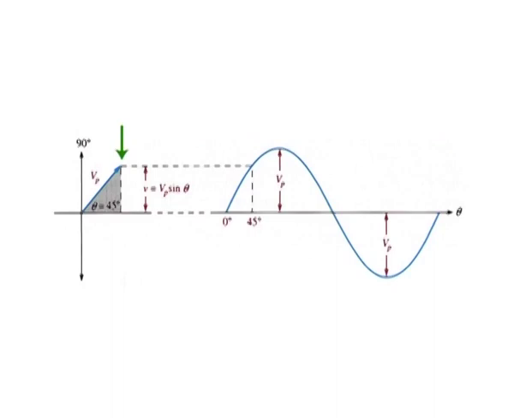Notice that when a vertical line is drawn from the phasor tip down to the horizontal axis, a right triangle is formed. The length of the phasor is the hypotenuse of the triangle and the vertical projection is the opposite side. From trigonometry, the opposite side of a right triangle is equal to the hypotenuse times the sine of the angle theta. The length of the phasor is the peak value of the sinusoidal voltage, V peak.